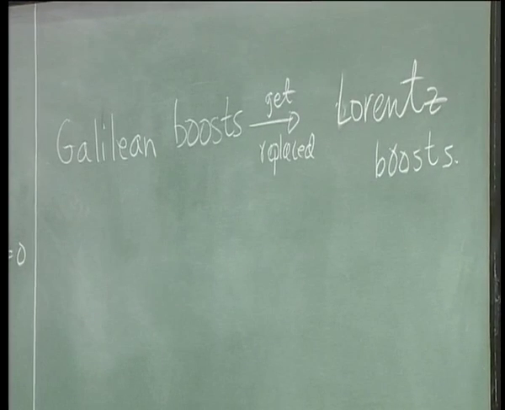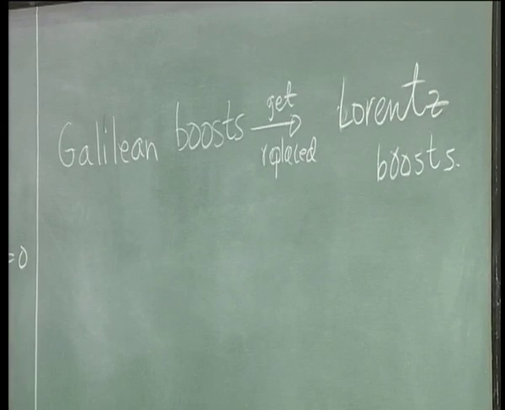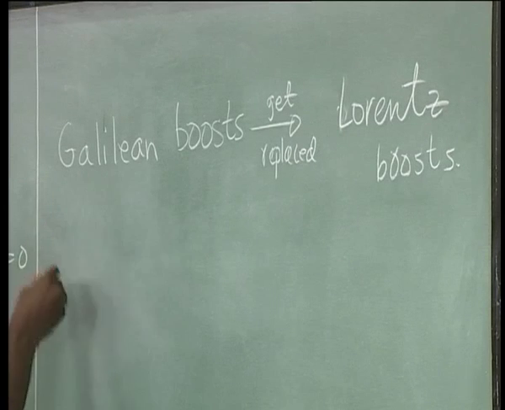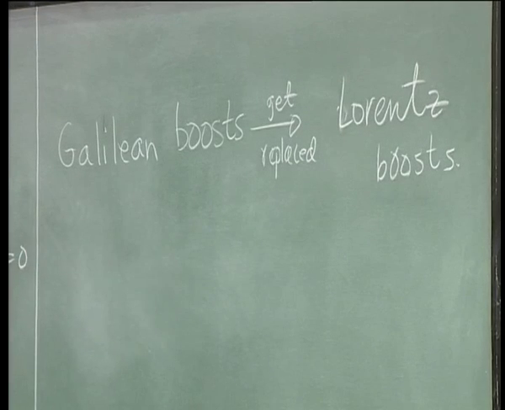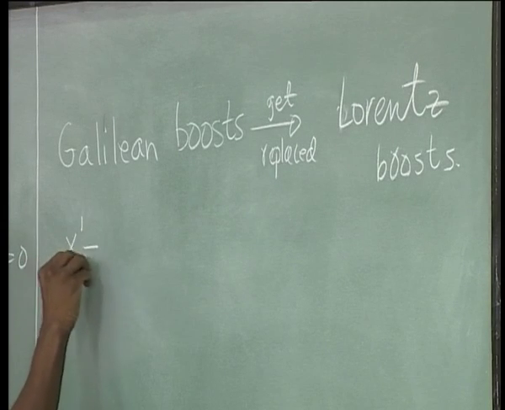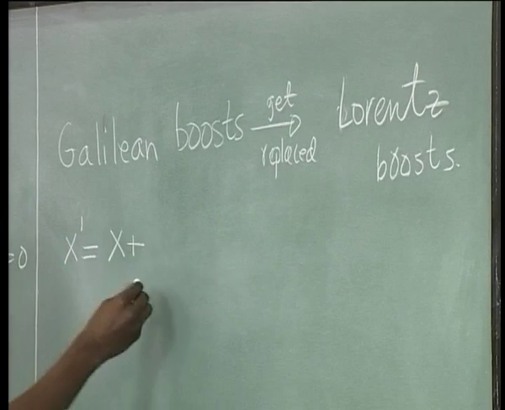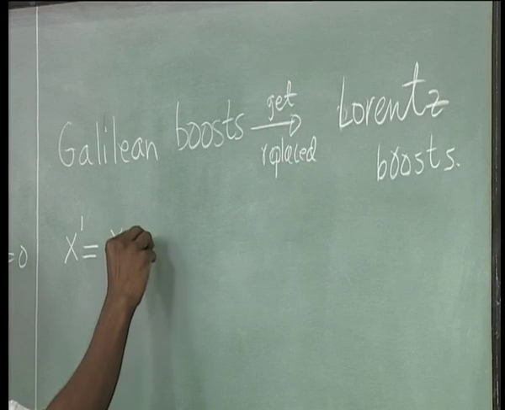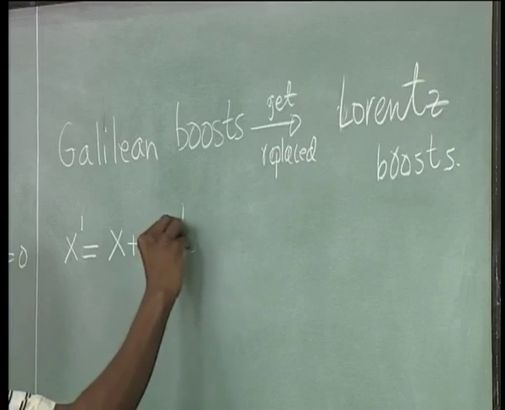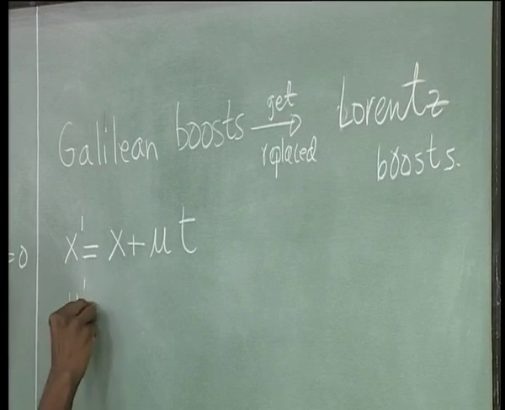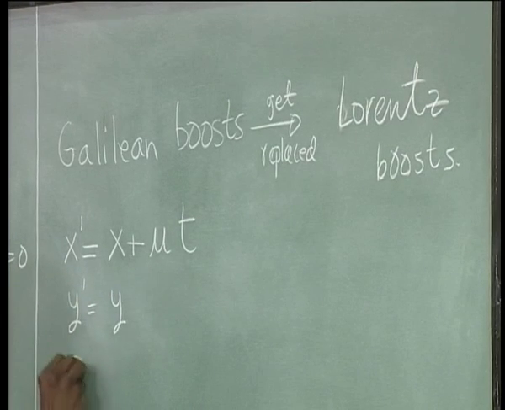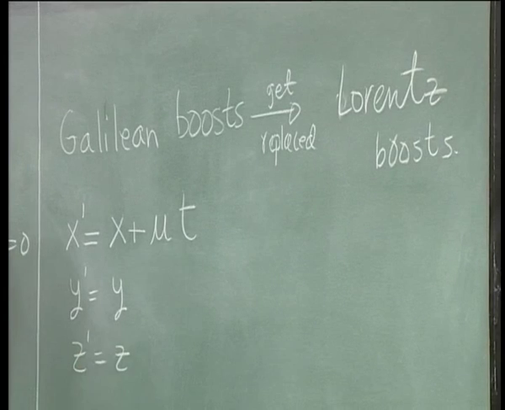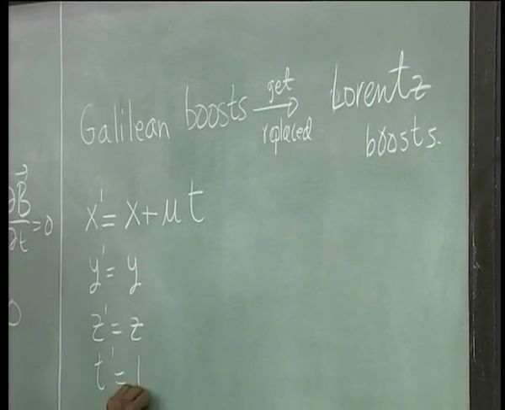Okay, so let me write out what was a Galilean boost. Let us say we had a boost in the x direction, then we would write x prime equal to x plus u t, then y prime would be untouched, z prime would be untouched, and t prime would be equal to t.